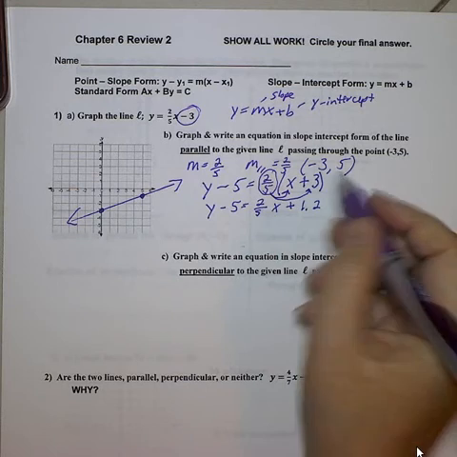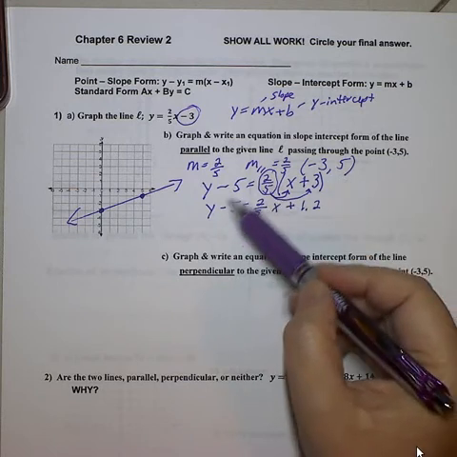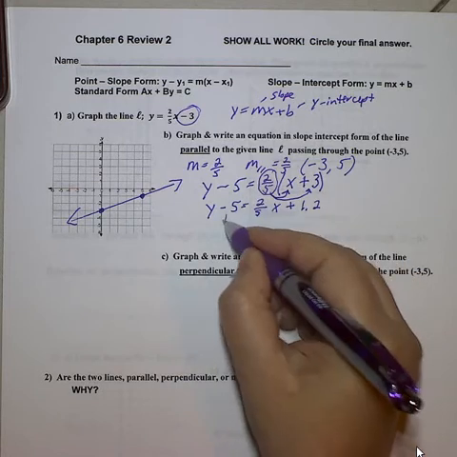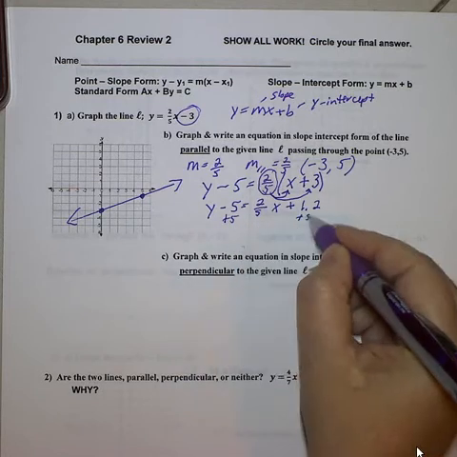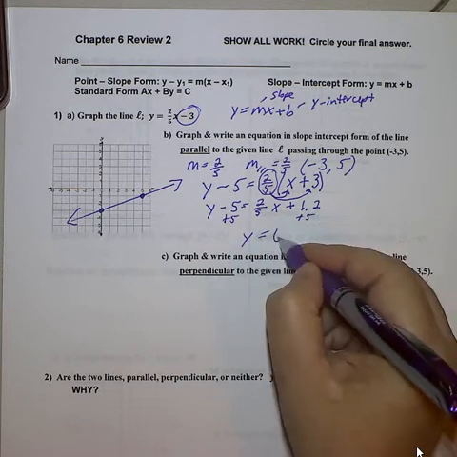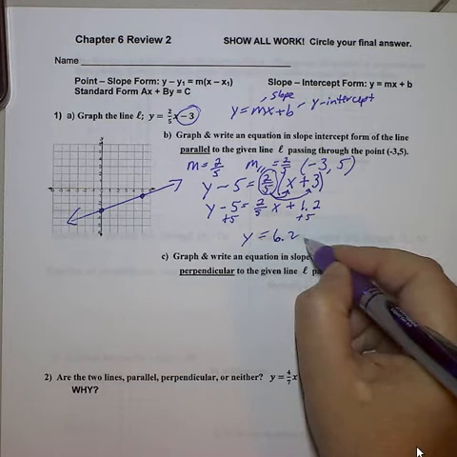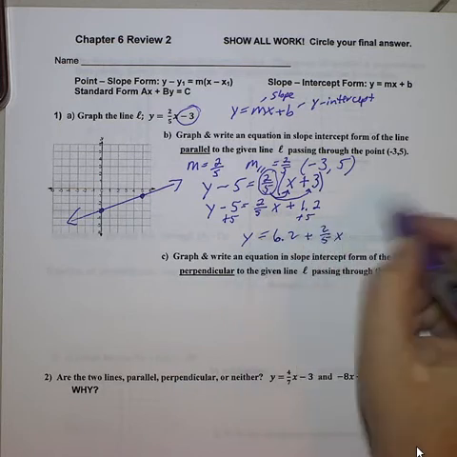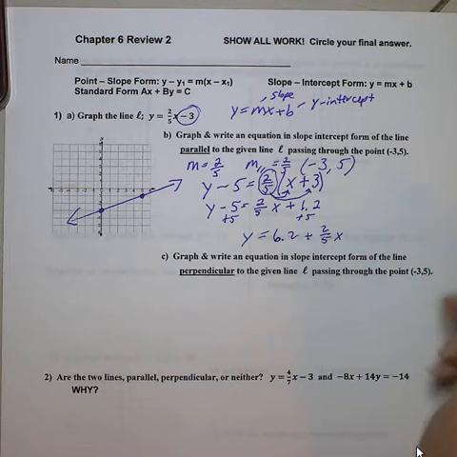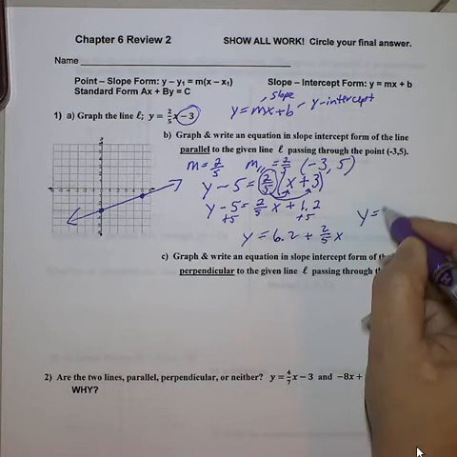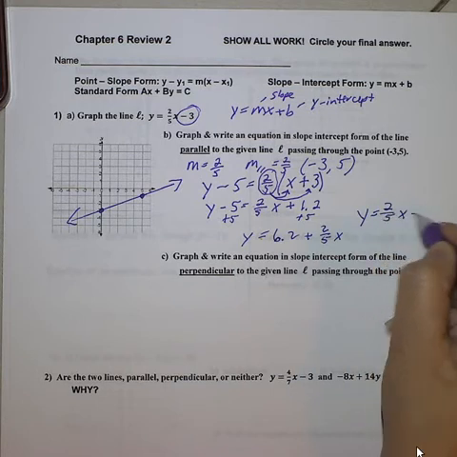Then we want to get rid of the -5, so I have to add 5 to both sides. So y is equal to 6.2 plus my 2/5 x, or y is equal to 2/5 x plus 6.2.